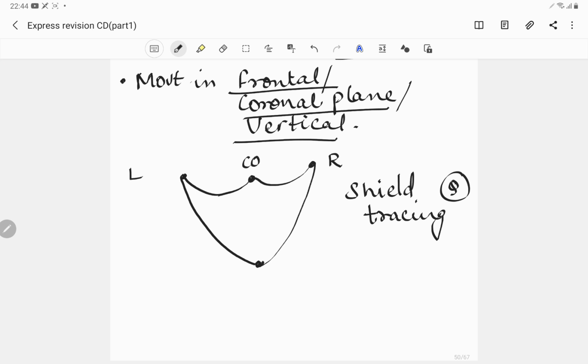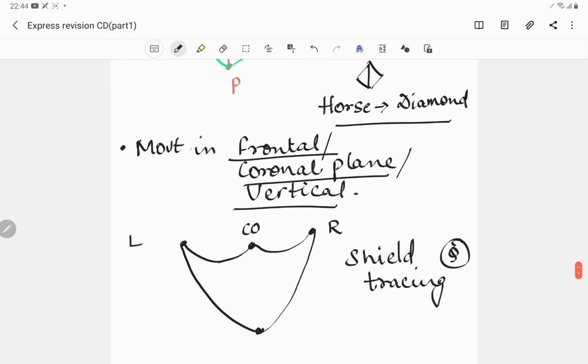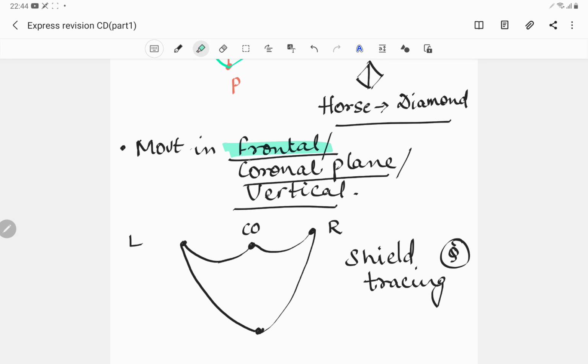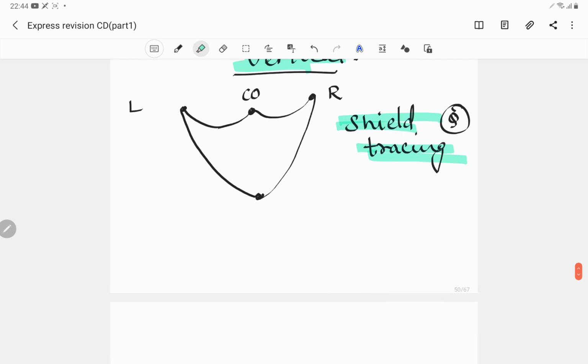Right? So if the question is asked coronal, not corona, coronal, if the question is asked vertical, or if the question is asked the frontal plane, then it is the shield tracing, right? How? Imagine that your hand is protecting your face, so it is acting like a shield. So the frontal plane, in the front of your face you are making a shield, so this is the shield tracing, okay.